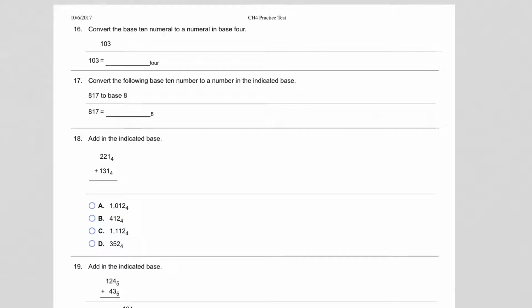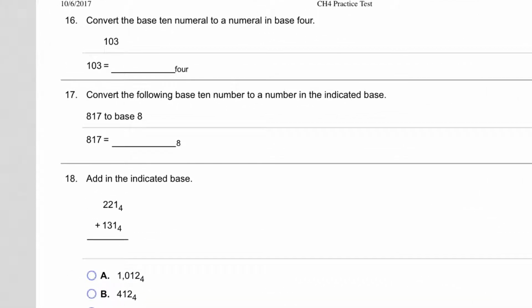Okay, let's take a look at number 16. So this time we're looking at base 4. Base 4 has the 1's place, the 4's place, 4 squared place, which is 16, 4 to the 3rd power, which is 64, 4 to the 4th power, which is 256.